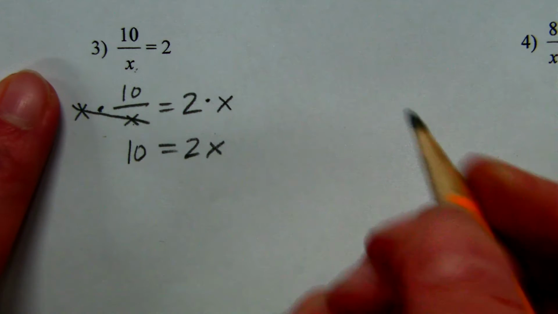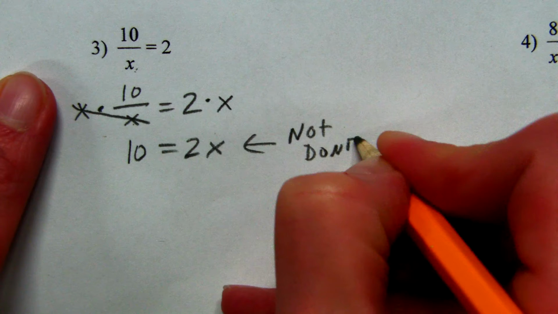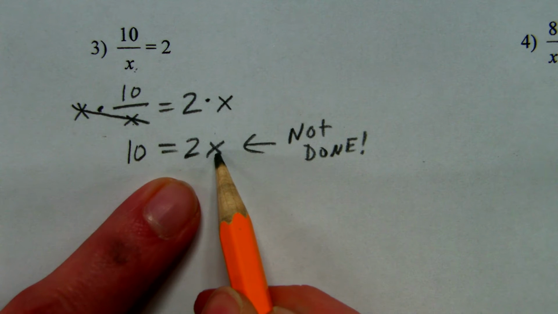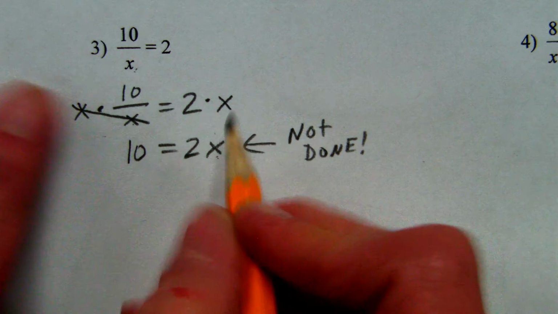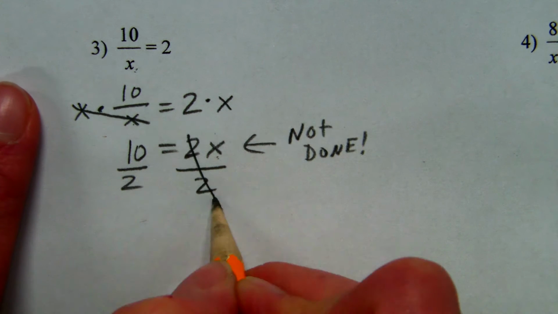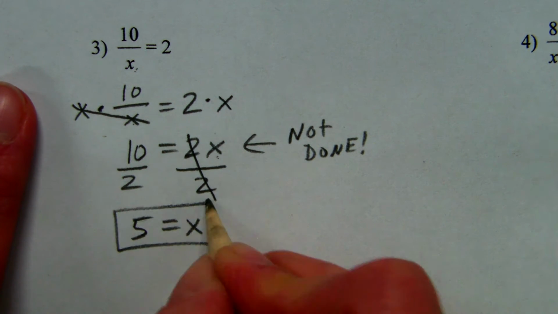Now, there's still another step. We are not done. Okay? Because x is not by itself yet. We want to solve for x. So if I have 2 times x, the opposite is to divide by 2. We use these little fraction bars to get rid of that, and you get 5 equals x.